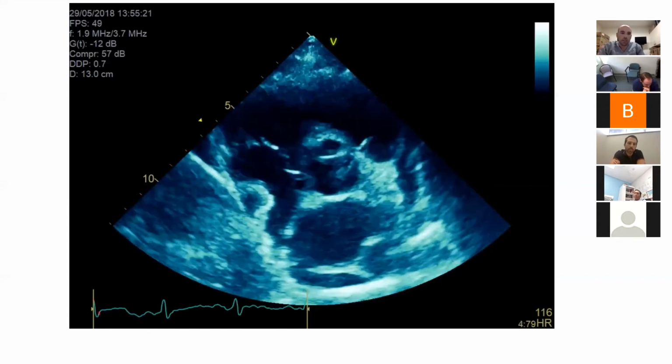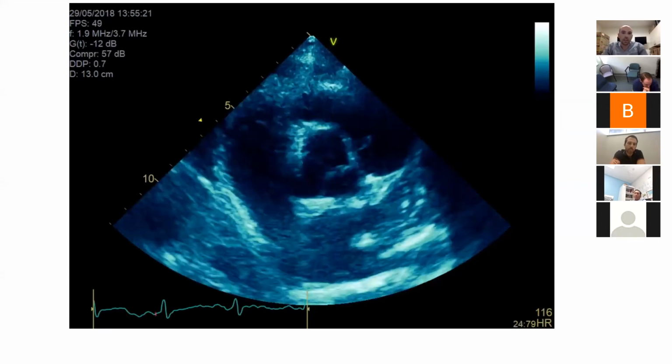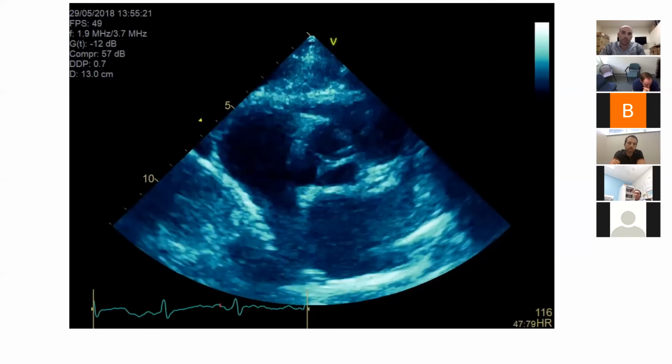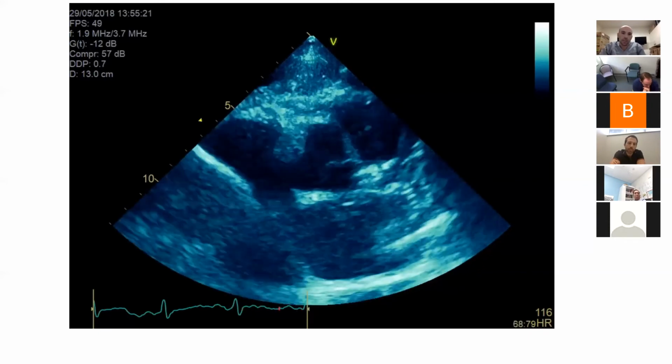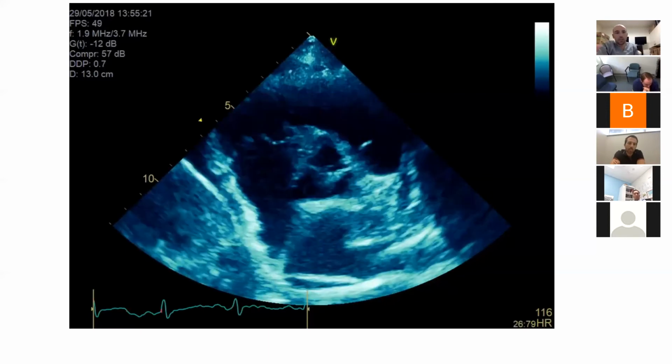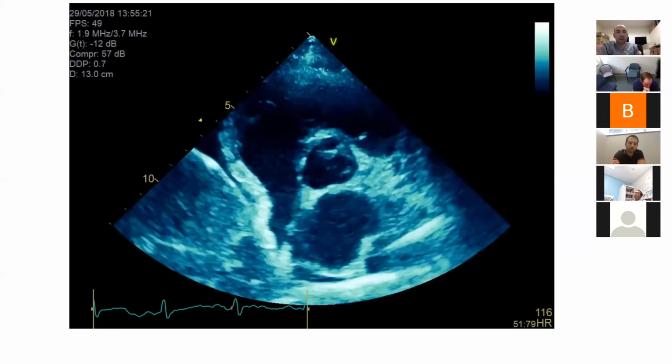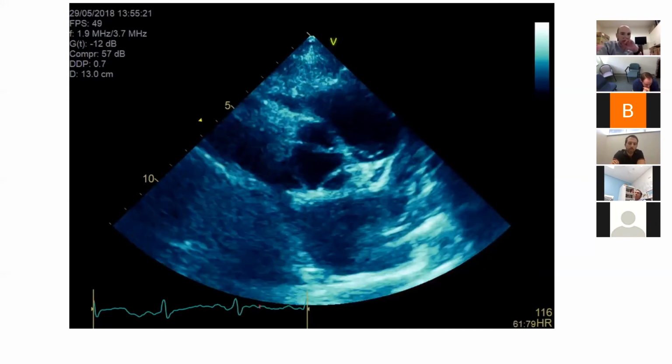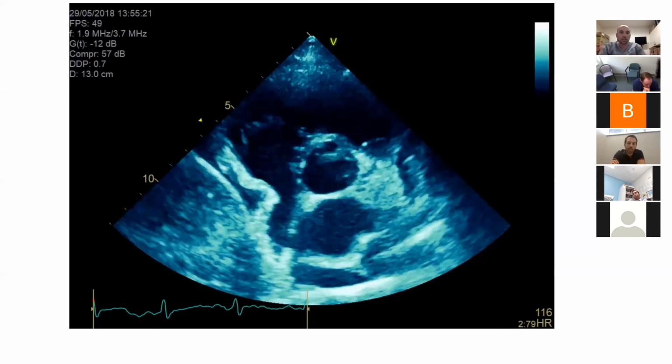Once again, I can't quite time that. What about the RV wall? Yeah, it's a bit hard to know whether it's coming in and out of plane, but the RV wall looks like it's collapsing as well.